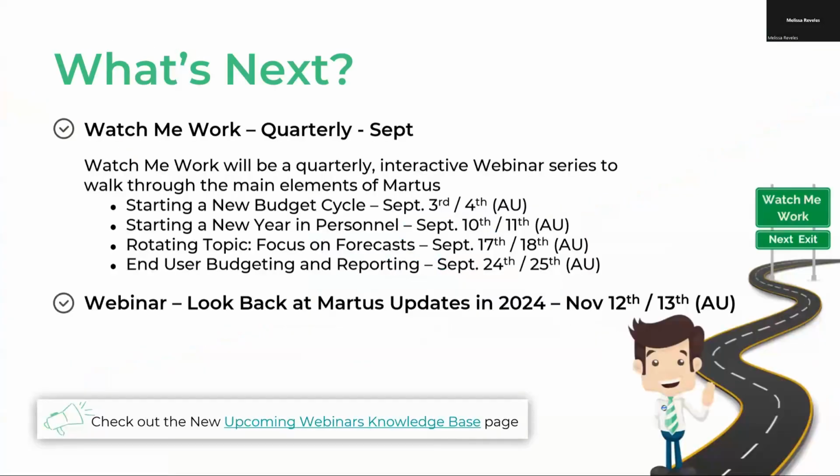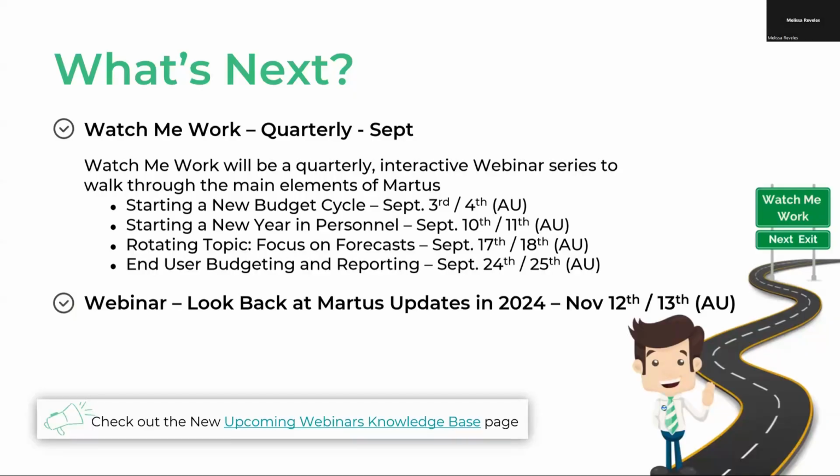Melissa, these webinars are a valuable resource. What is coming up next? Hi, Glenn. Thanks. Yeah, we have our next quarterly or multiple times a year Watch Me Work session. These are aimed to help those of you who are spinning up a new budget cycle around the time when we are doing this session. So for September, we're going to be walking through starting a new budget cycle, starting a new year in personnel.